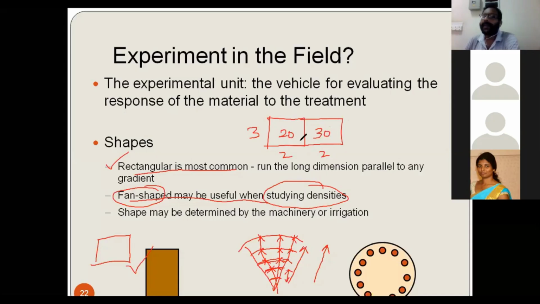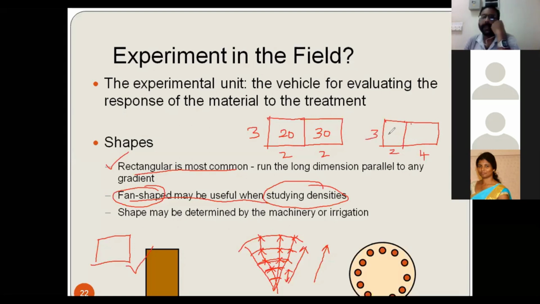Is the density different or the same? This is one situation.